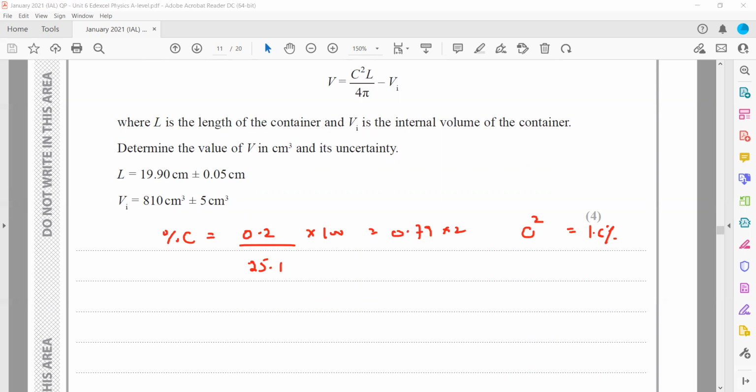Same way we'll determine the uncertainty in L. The percentage uncertainty in L is 0.05 divided by 19.9 into 100, that's equal to 0.25.